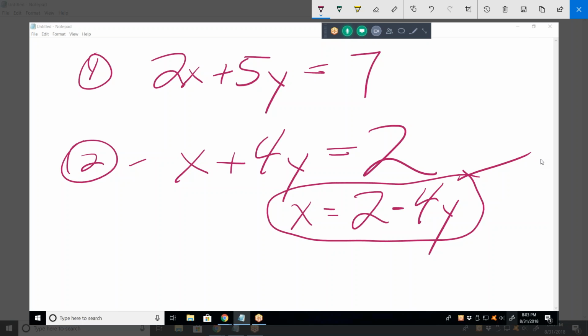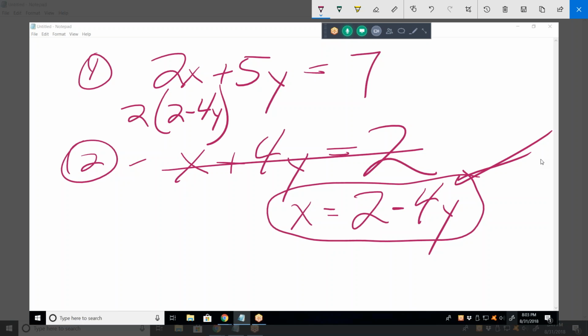In other words, I've crossed that one out, and this is the same equation. Keep going. Okay. Hold on, let me erase.